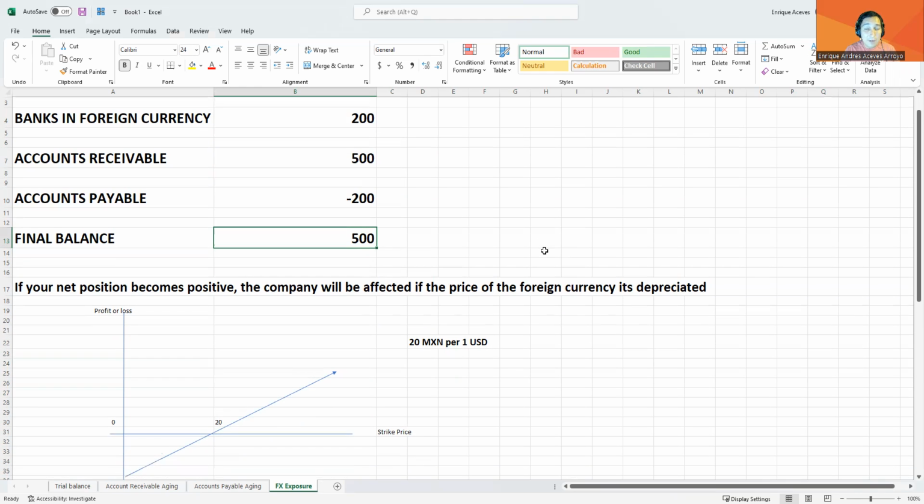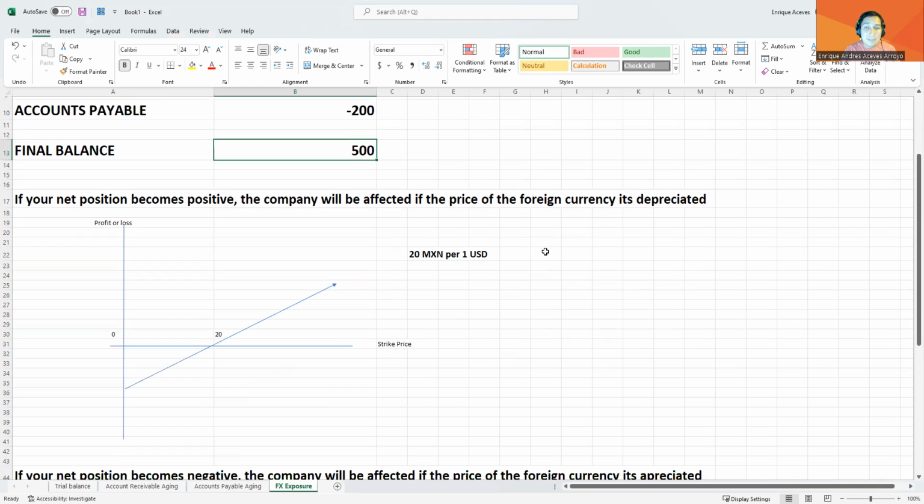We will see a great example in here, based obviously on the operational currency, which is Mexican pesos. So if your net position becomes positive, the company will be affected if the price of the foreign currency is depreciated. What does depreciation mean?